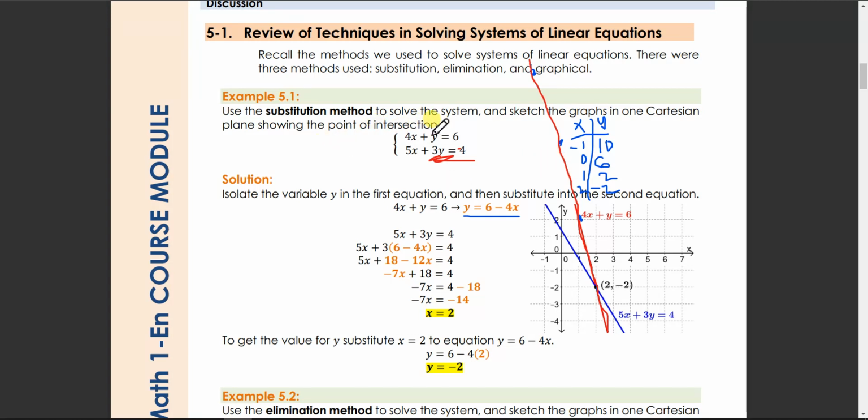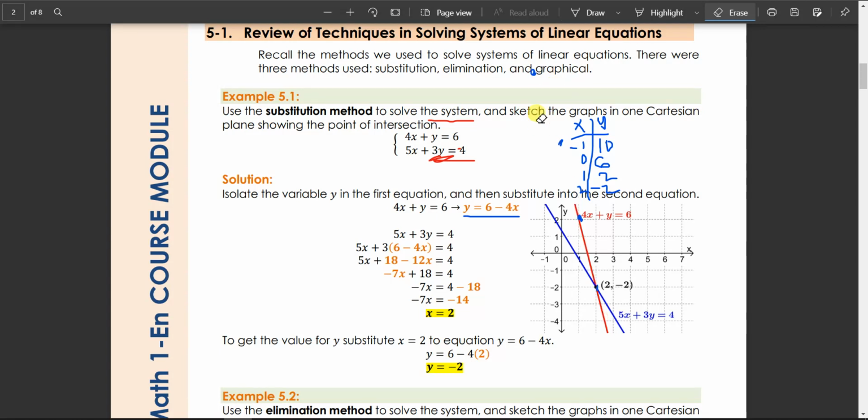So the solution to this, if you are asked to solve this system, is the point where your equations intersect. You have two equations, and where they intersect, that's the answer or the root. So the two equations intersect at positive 2 for x and negative 2 for y. So that is our answer.